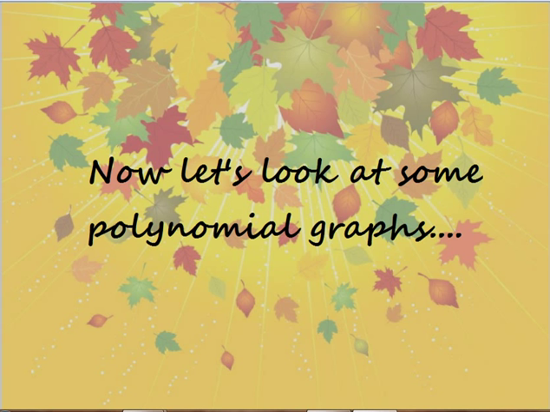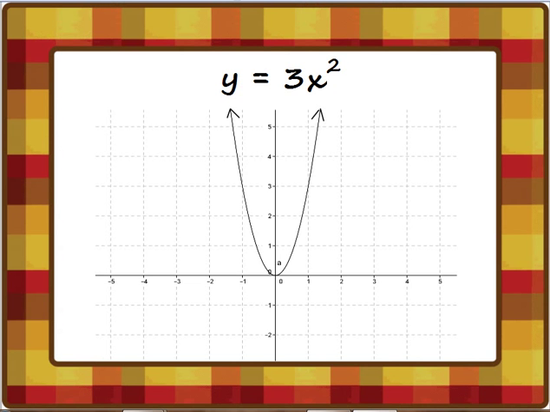So moving on, now we're going to take a look at some graphs of polynomials. I want you to take note of the shape and the degree. So here we have a second degree polynomial. The important things to note here is that it's a second degree polynomial. It has a positive leading coefficient.